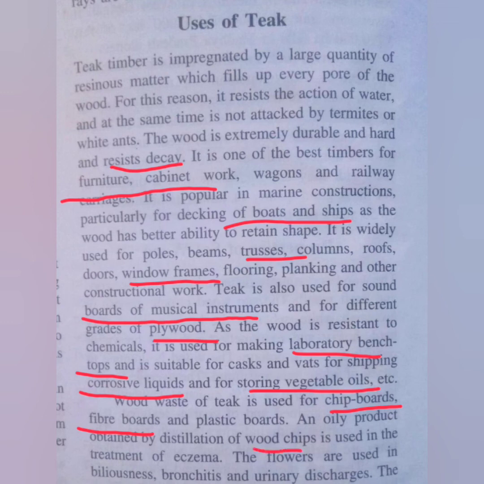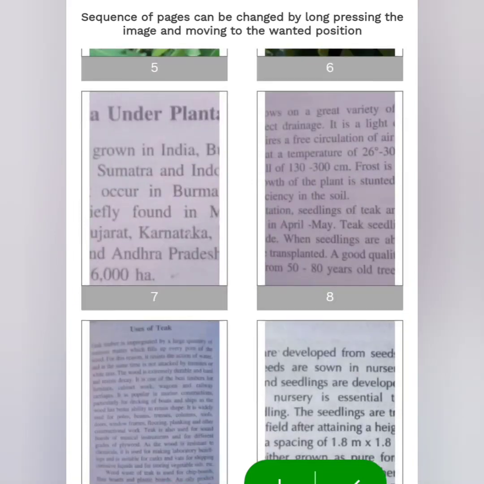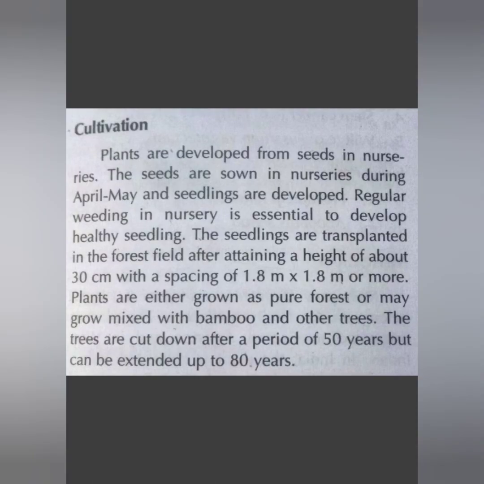That oil is used for the treatment of the disease eczema. And even the flowers are used in biliousness, bronchitis, and urinary discharge. And the root bark can be used for coloring, matting. Okay, so those are the important uses of this teak plant.